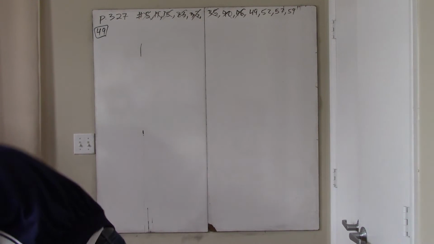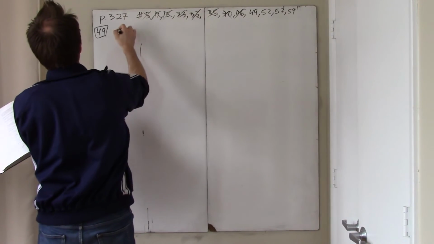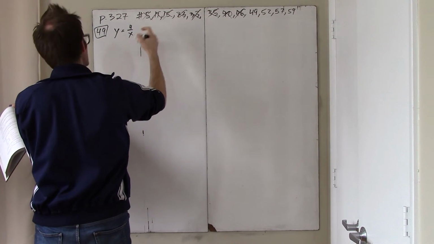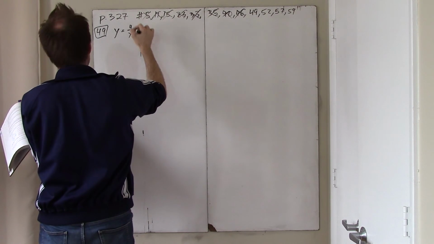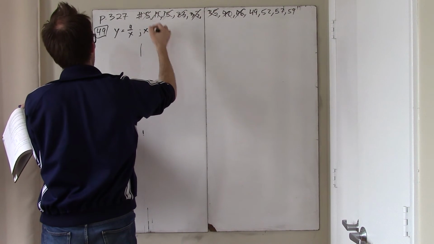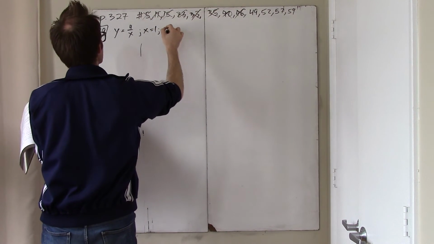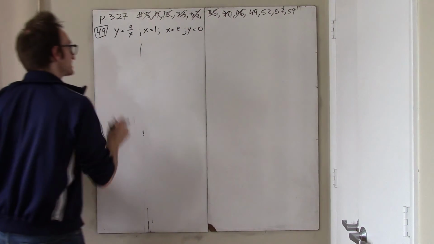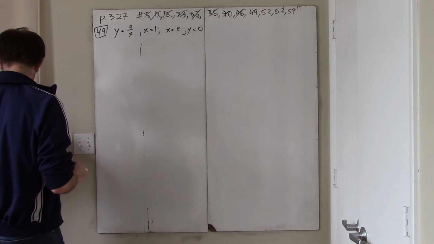49. Okay, here we have y equals 4 over x, and we're doing it between the curves given: x equals 1, x equals e, and y equals 0. Okay, so just to make a picture of this.